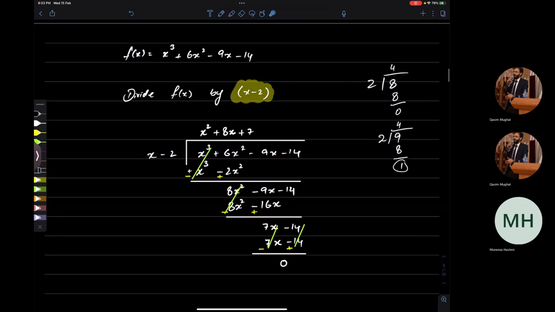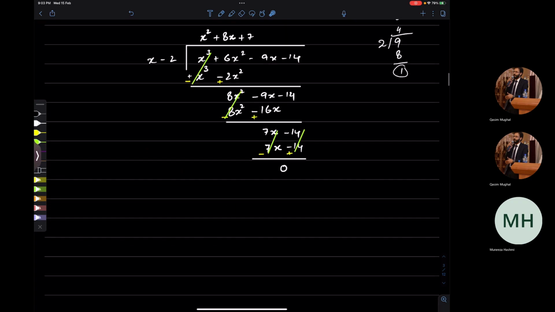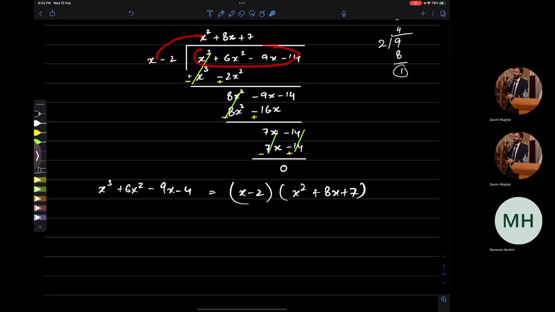Over here, the examiner asks you to divide this by this. It was given to you, wasn't it? x minus 2. So you were provided with x cubed plus 6x squared minus 9x minus 14, and x minus 2 times x squared plus 8x plus 7. If you multiply both of these, you should get this. Now, one of these was given to you by the examiner for the polynomial division.